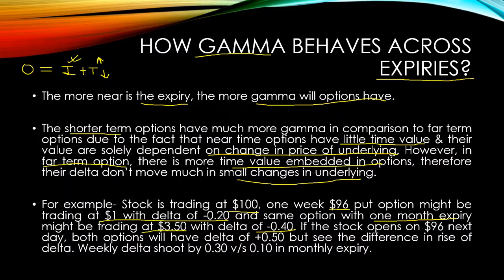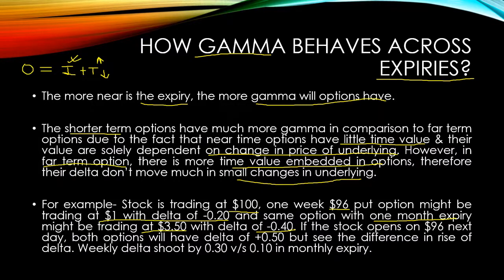Why is there such a difference in probability? Due to the time gap. A stock has only 1 week to move to $96 and the 1 month expiry option has almost 30 days to get to $96. So with common sense one can easily find that the farther the expiry, the more probability the option has of going in the money.